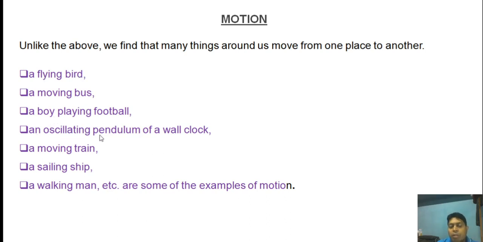An oscillating pendulum of a wall clock. A moving train. A sailing ship. A walking man, etc. So these are some of the examples of motion. There are so many examples, but I have listed a few here so that you can understand.